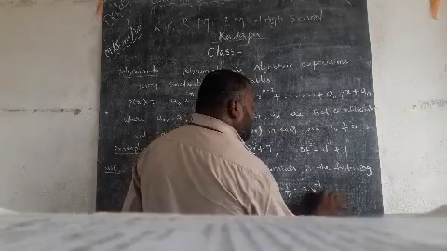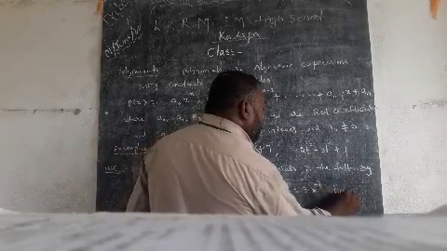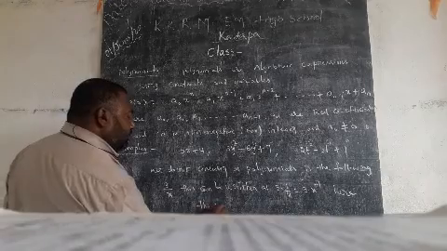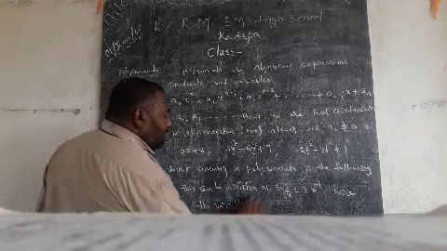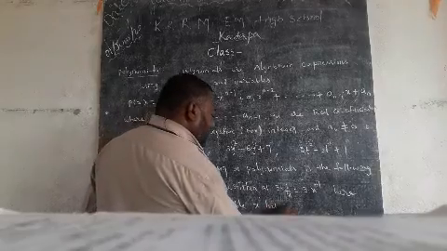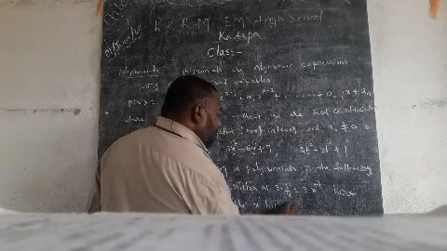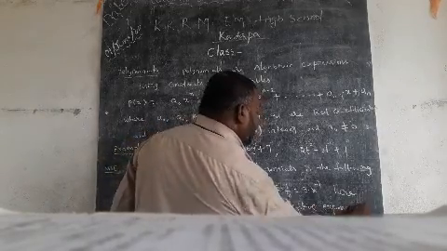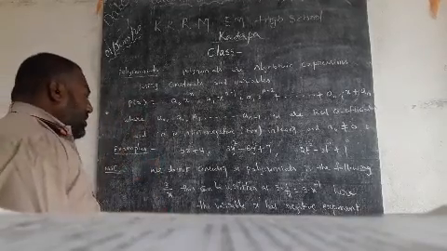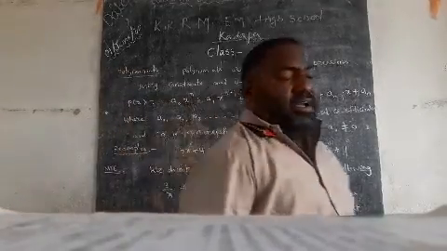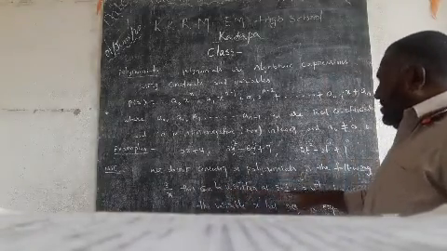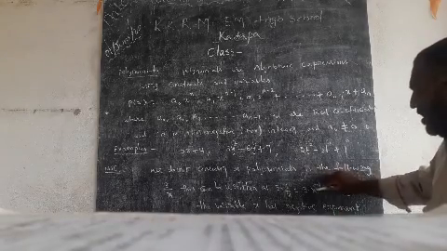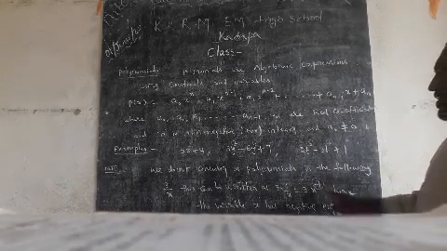Since here the variable x has a negative exponent, 3 by x is not a polynomial.